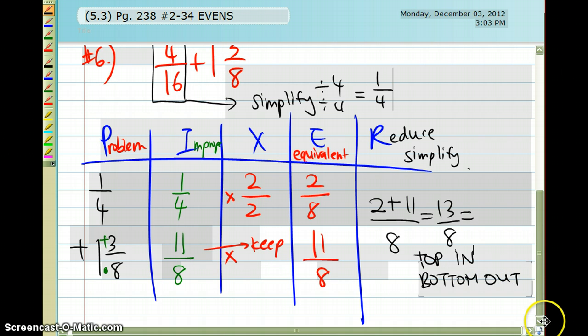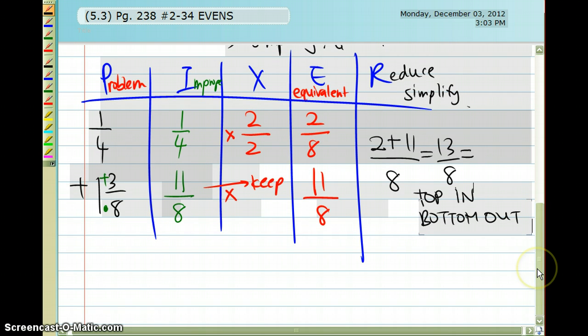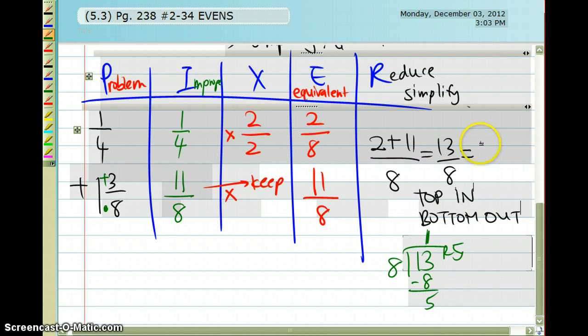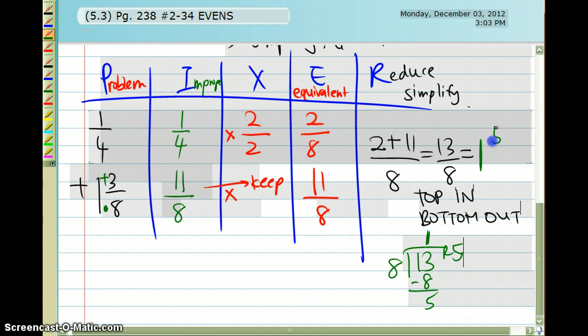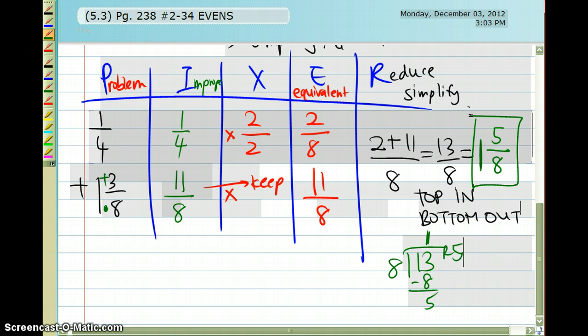Sometimes the top might be bigger, sometimes it might be bigger on the bottom. But I'm going to do 13 divided by 8. It goes into it once. I get a remainder of 5, which is going to give me the numerator in the fraction. So 1 whole, 5 the remainder, 8 as still the denominator, and that would be my final answer.